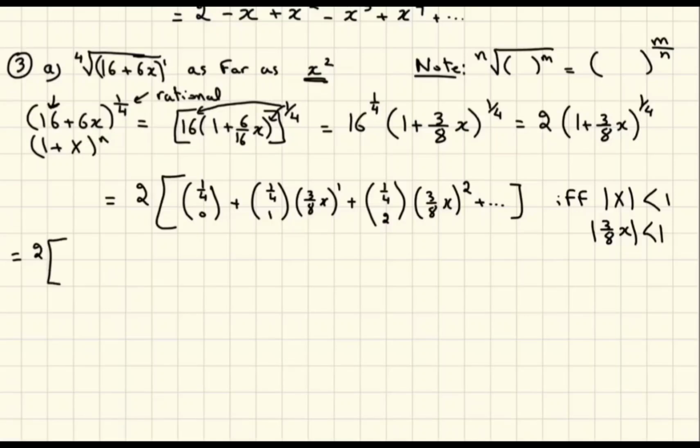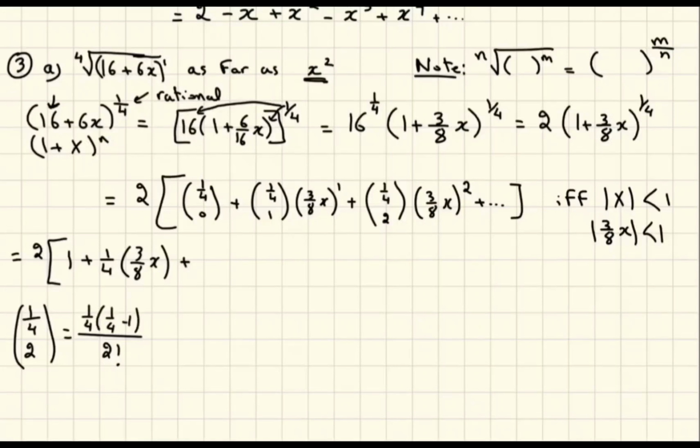So 2 bracket. The first one, nC0, is always 1. The second one, nC1, is always n. In this case, it's positive 1 over 4, multiplied by 3 over 8x. Now 1 over 4 C2, we don't know, so I will write it here, then I will erase it after. So I write 2 factorial down. On top we have 1 over 4 multiplied by 1 over 4 minus 1.